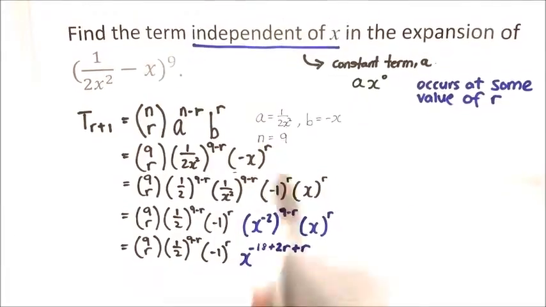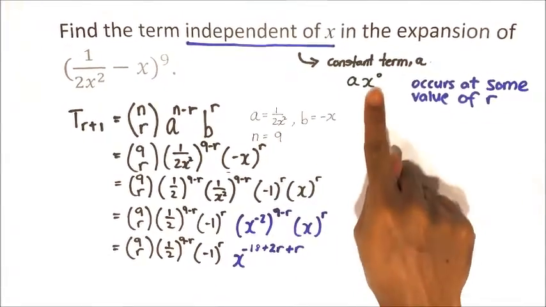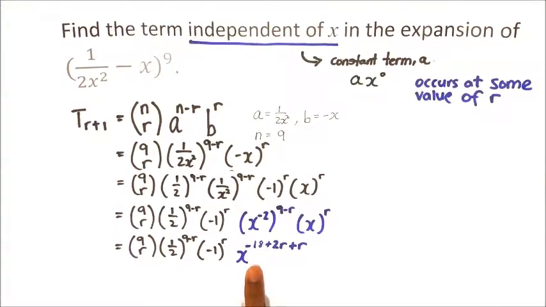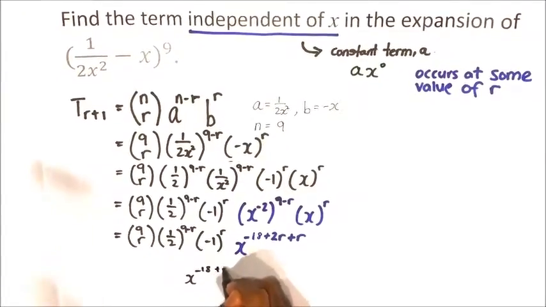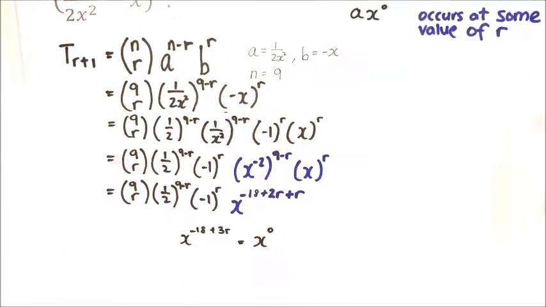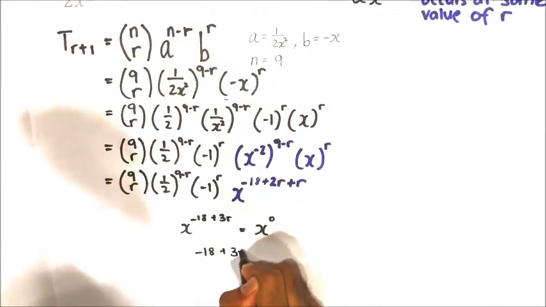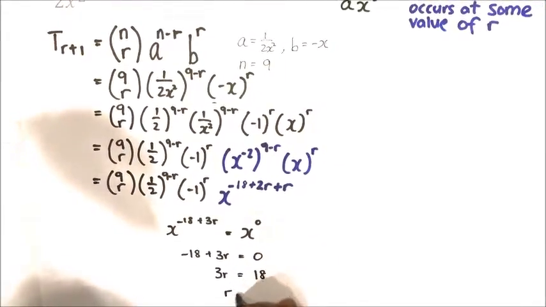Now, to find the term independent of x, we are finding the term containing x to the power of 0. This means that x to the power of negative 18 plus 3r is just equal to x to the power of 0. And solving this, we will find that r is equal to 6.